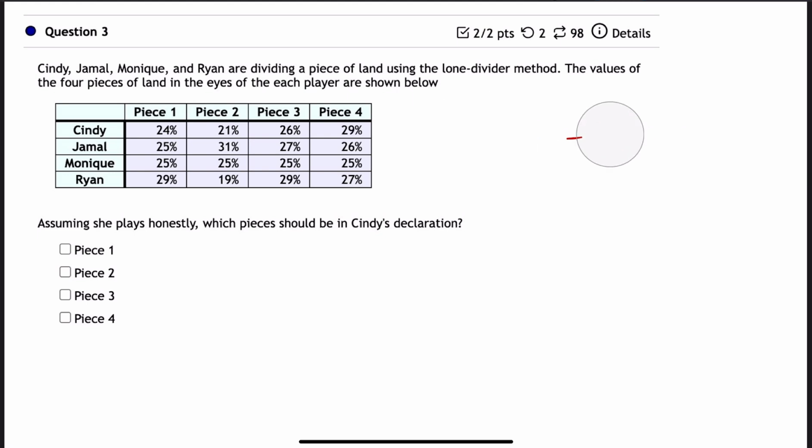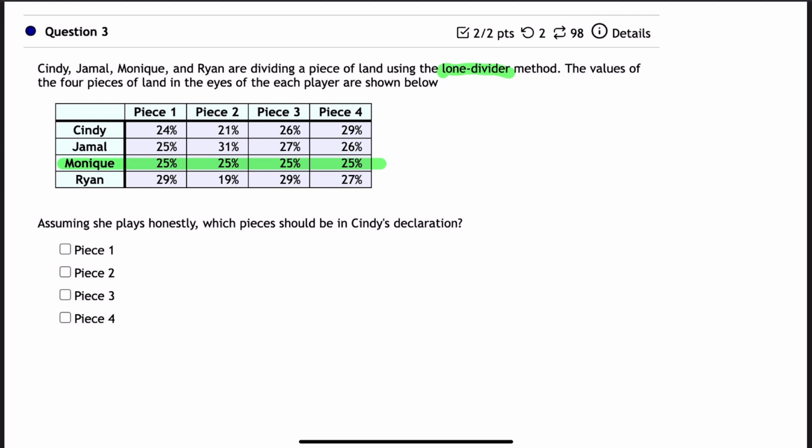And if we look at the values that everyone here has listed, we can see that only one person has actually valued each piece to be equally valued, equal shares, and that would be Monique here. So Monique has all 4 pieces valued at 25%, which means Monique is the person who must have been the divider, the lone divider. So Monique divided it all up, which means Monique will be happy with whatever piece they get because they value each piece to be equal.